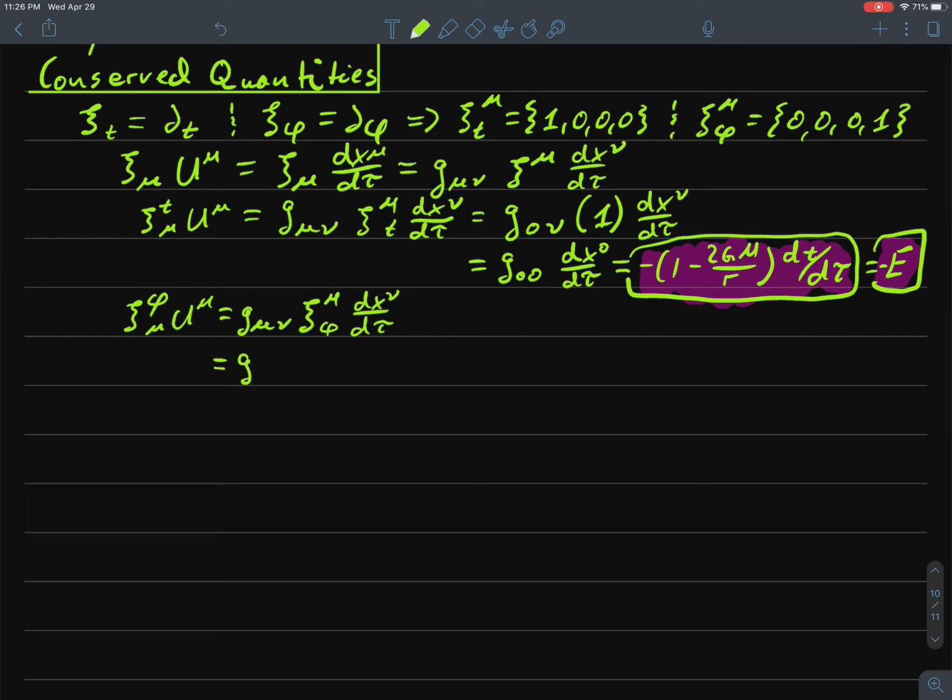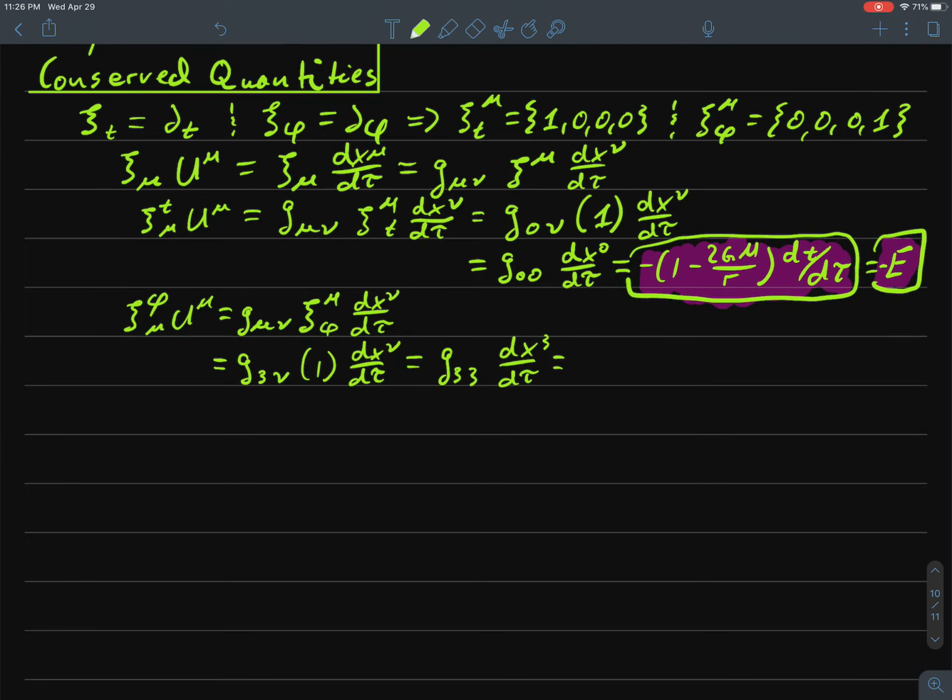So this will be g3 nu and then a 1, dx nu d tau. But also here, it's diagonal, so the only non-zero piece is when nu equals 3. So we'll get g3 3 dx3 d tau.